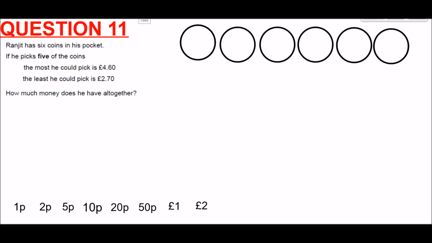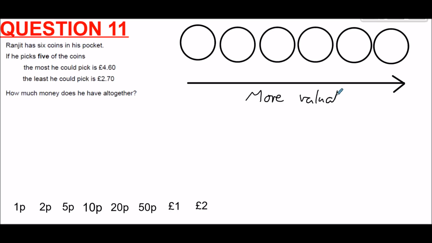I want you to imagine now as well that these are the coins listed in order of expensiveness. So the more valuable coins are down this end, the less valuable coins down at the left hand side. So this is an arrow pointing to the more valuable ones. This is just showing you how you could do it quite systematically.